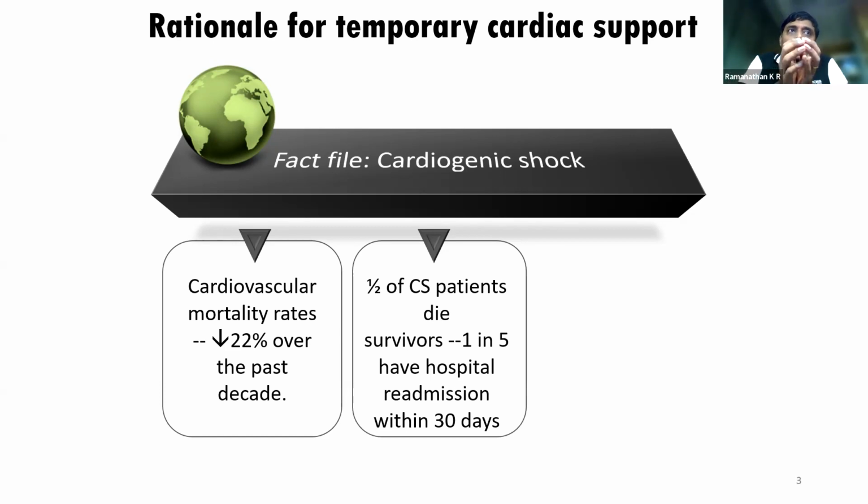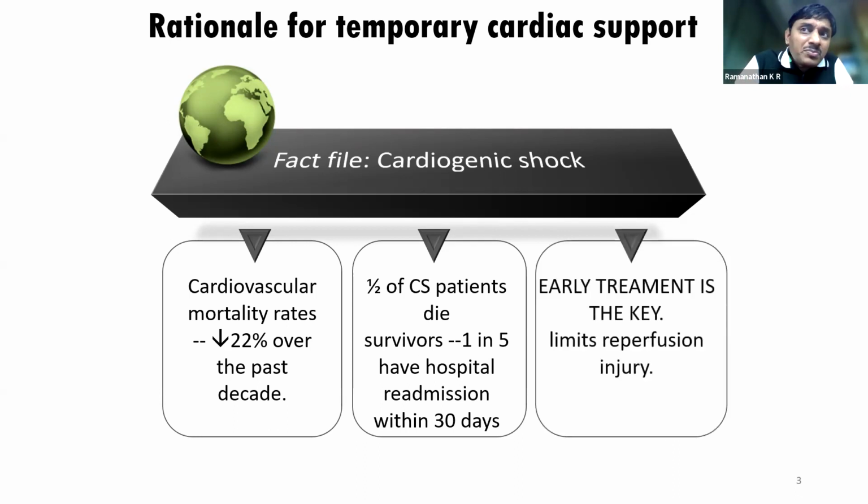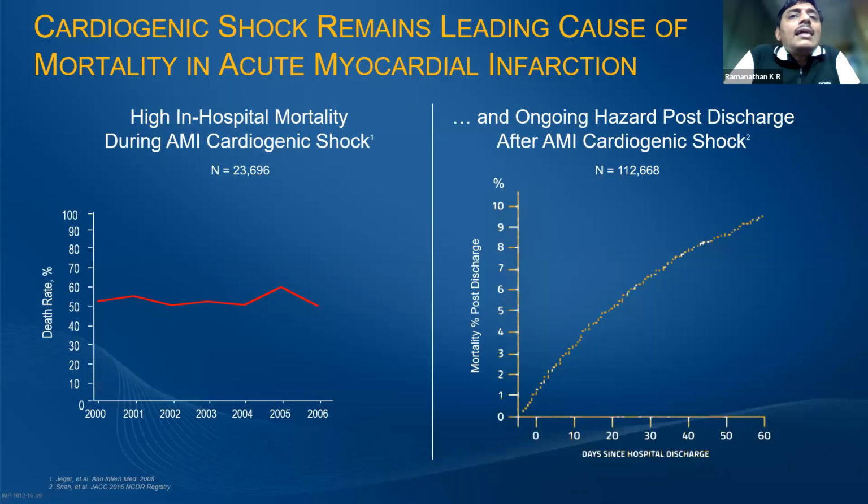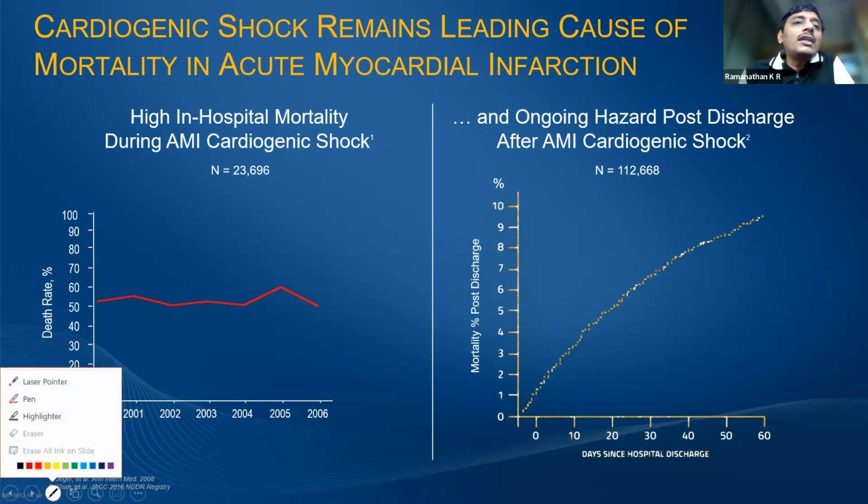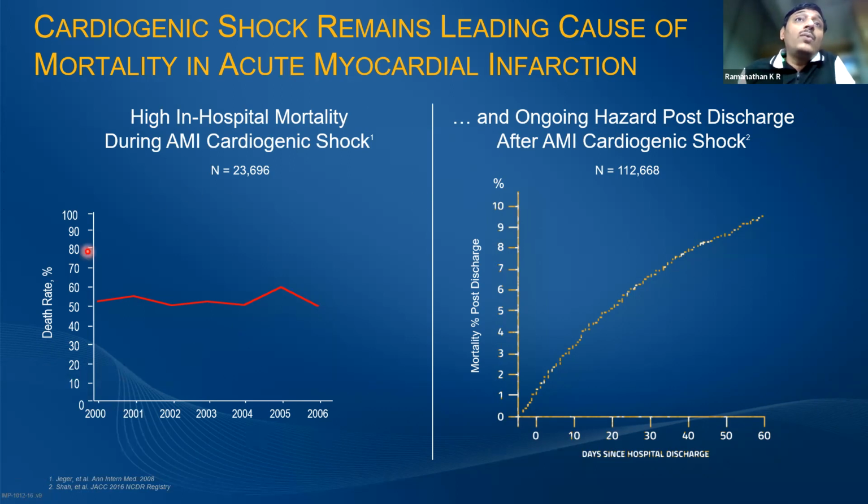So essentially, when we take one extreme of cardiovascular disease, which is the one in extremis, the outcomes are still poor, if not improving. Clearly, as I said earlier, early treatment has definitely shown that outcomes can be improved. However, we got to understand that in the last 20 years or so, death rate from cardiogenic shock has not changed in a big way.